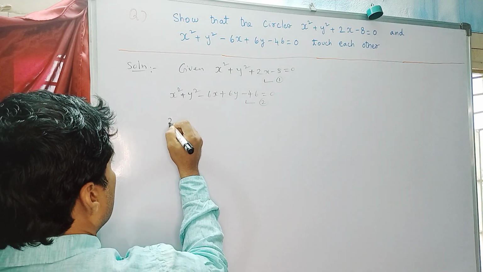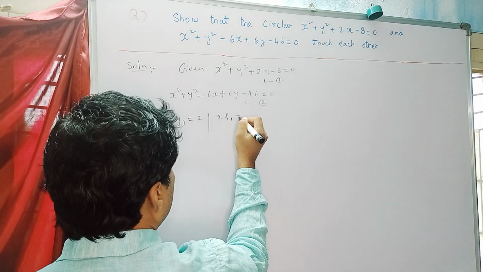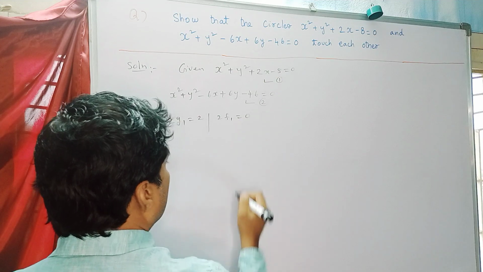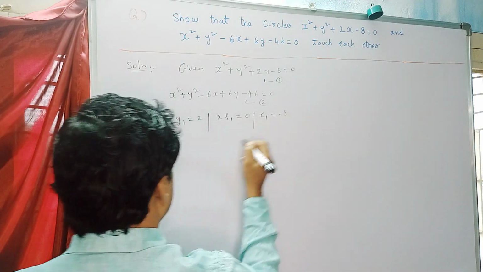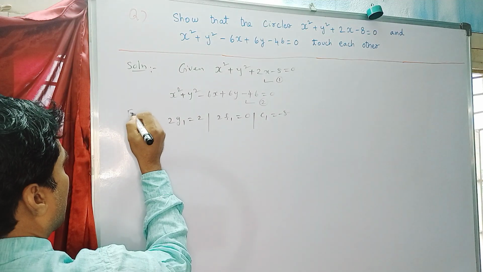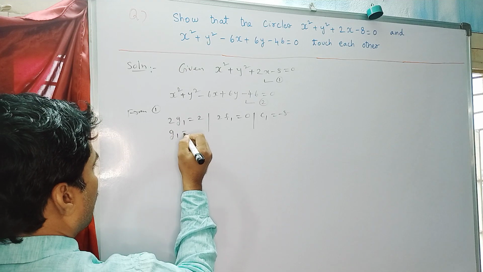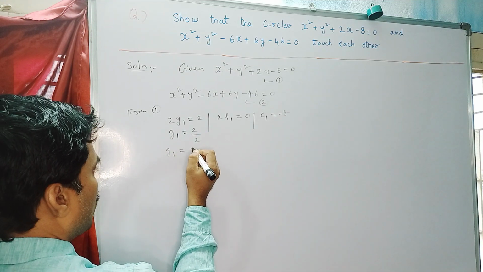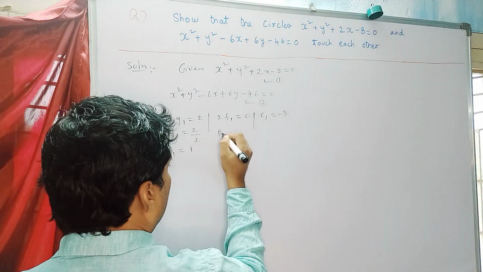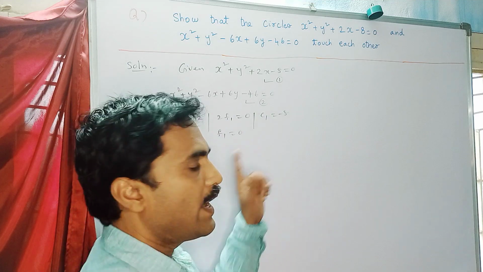From that we get 2g1 = 2, and since y is not there, 2f1 = 0, and c1 = -8. So from equation 1 we are getting g1 = 2/2. Upon cancellation using the 2 table, you will get g1 = 1 and here f1 = 0. So c1 we already got as -8.